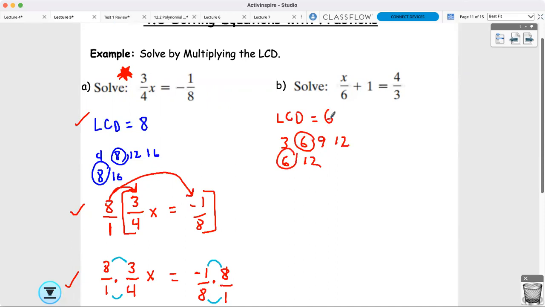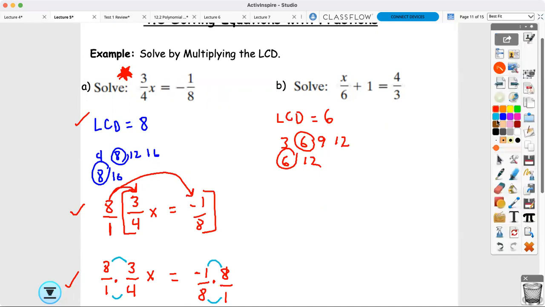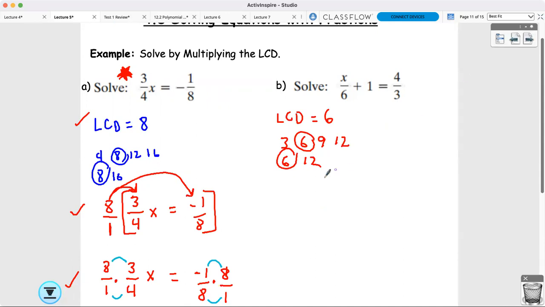Is everyone cool with how I got 6? If you have a question about why I got what or what I did for what, please ask, okay? So now we have the LCD. So now we're going to rewrite the equation, right? So we're going to have x over 6 plus 1 equals 4 over 3.